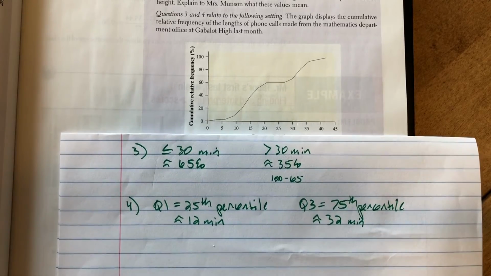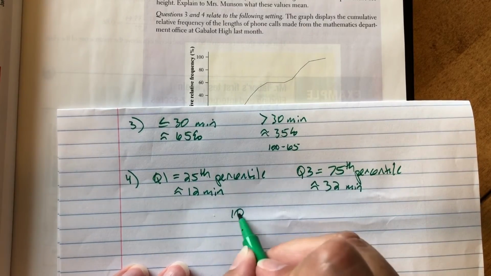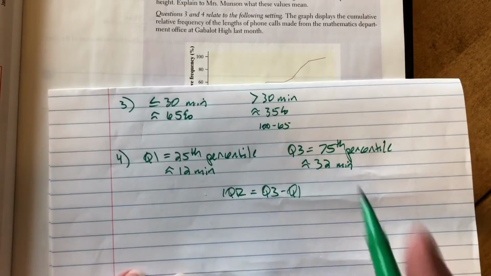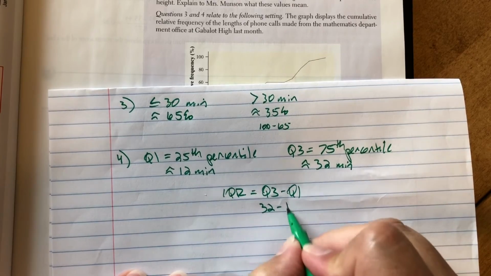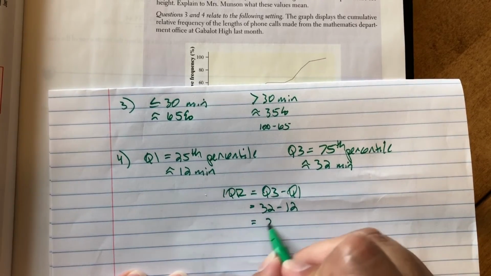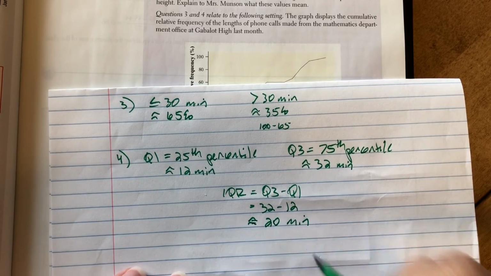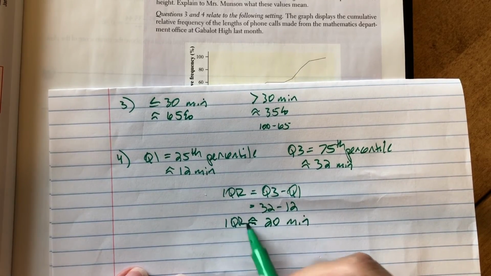So what's my IQR? IQR is just Q3 minus Q1. So 32 minutes minus 12 minutes, that'll be about 20 minutes. So my IQR is approximately 20 minutes.